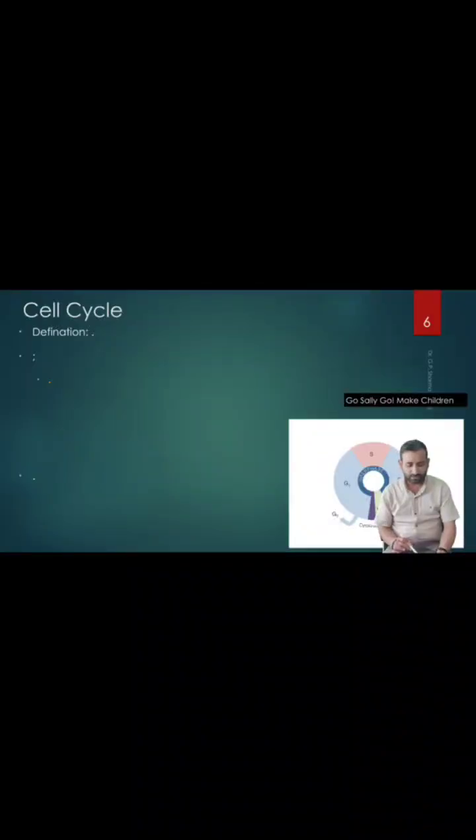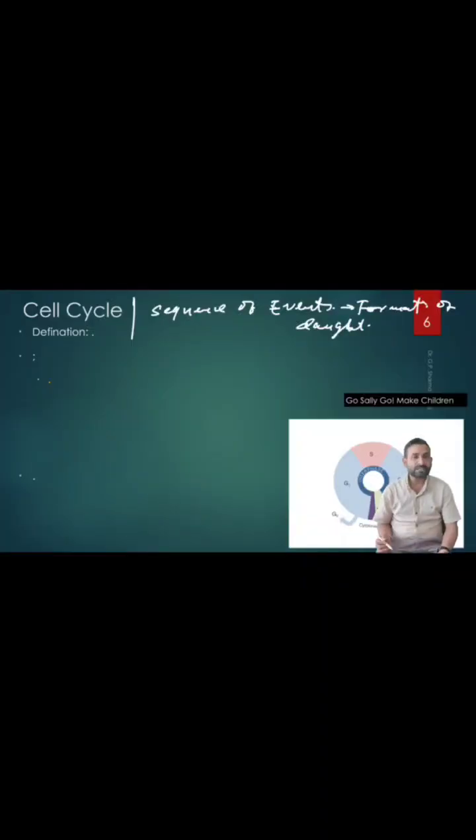What is the cell cycle? The cell cycle follows a sequence of events which leads to the formation of what? Formation of daughter cells. That's what we call the cell cycle, right?